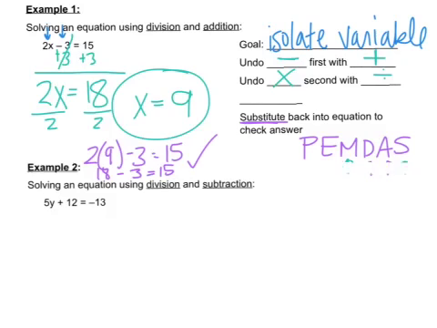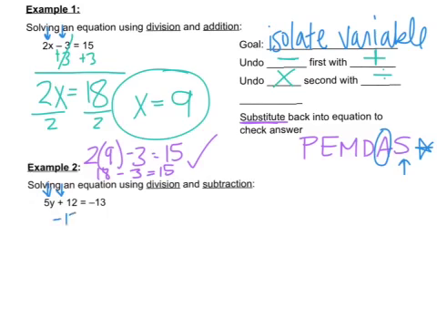So now if we get PEMDAS ready to go again, solve the equation 5y plus 12 equals negative 13. Notice we have multiplication, we have addition. So I asked myself, do I have subtraction? No. Do I have addition? Yes. Undo addition, because remember you always start over on this side undoing.